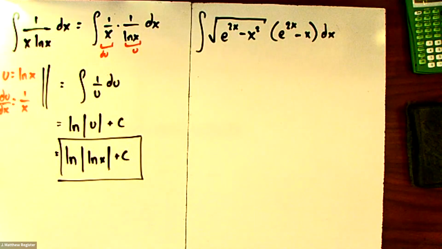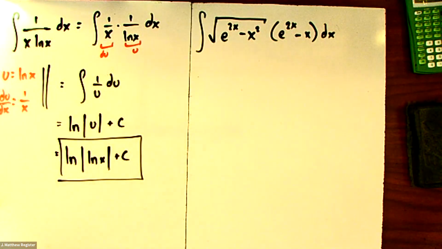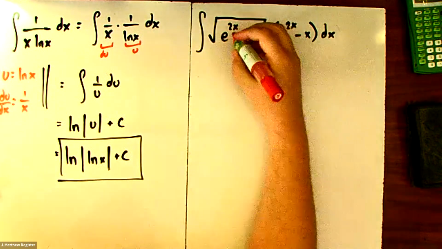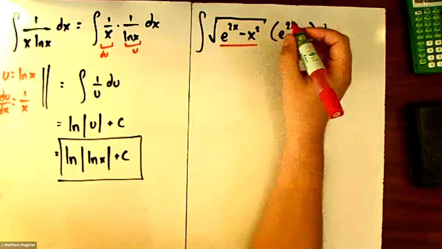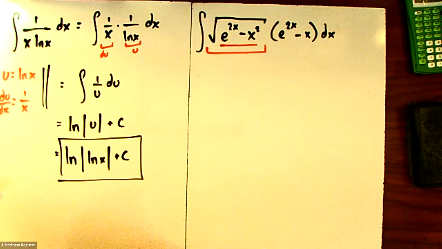That is a very complicated looking function. And hopefully you all agree that that's kind of a complicated function. We can still do this substitution method though. And so we want to look for functions inside of functions. And when we look at the left side, well, this has an e to the 2x minus x squared within a square root function.